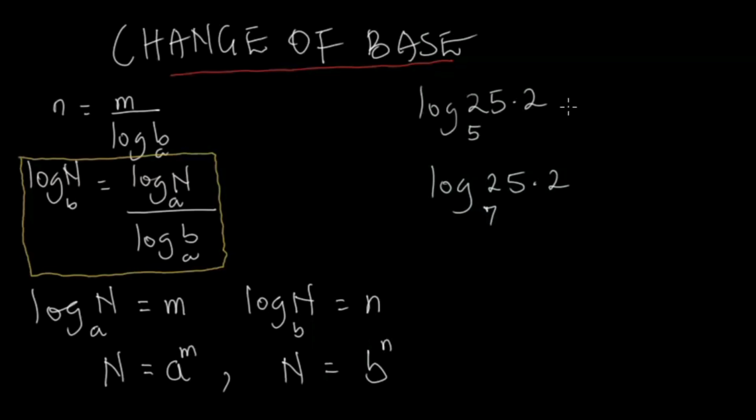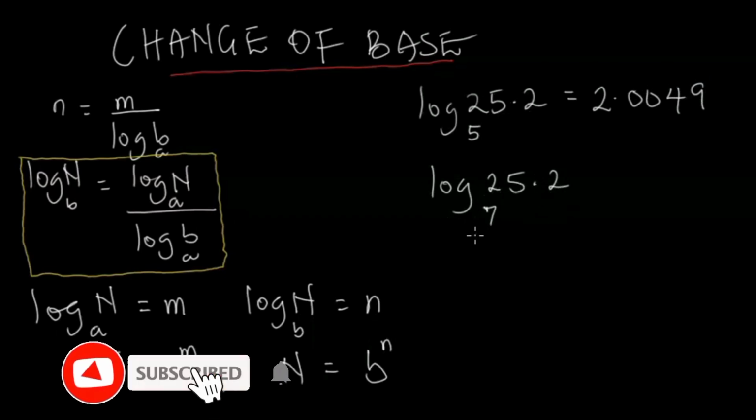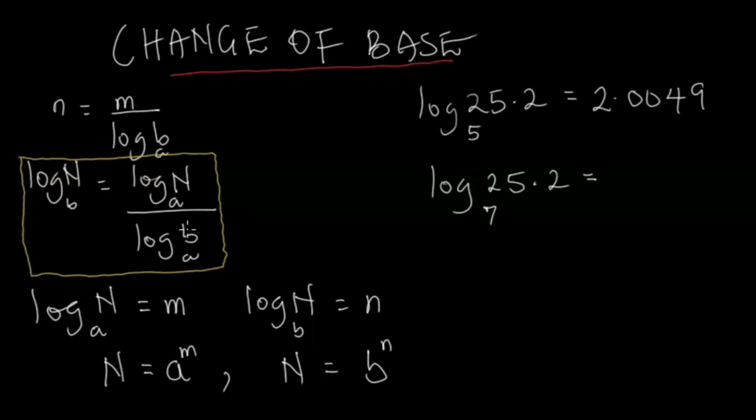So log 25.2 base 5 is 2.0049. With this information, we can calculate log 25.2 base 7. So log 25.2 base 7 is going to be following this pattern, the law.